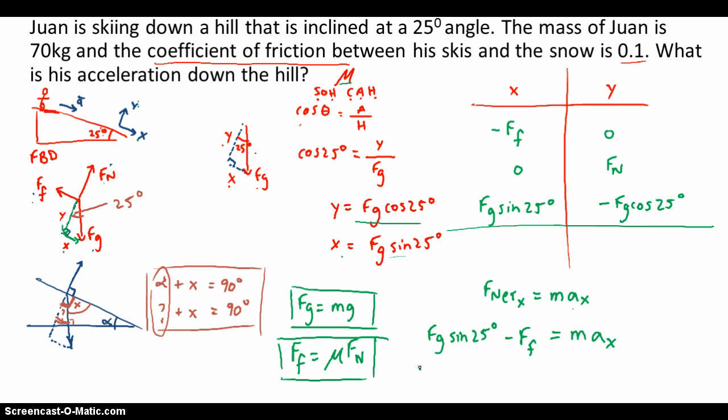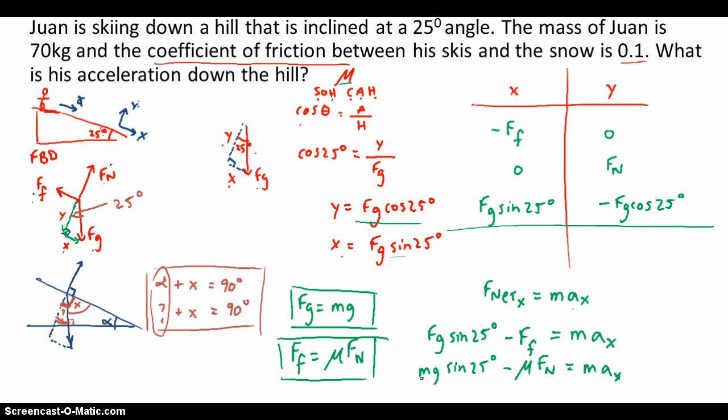Fg is mg, mass times gravity. Our sine theta doesn't change, sine 25 degrees, minus force of friction, coefficient of friction, which we know, times the normal force, which we don't know, is equal to mass times acceleration in the x direction.